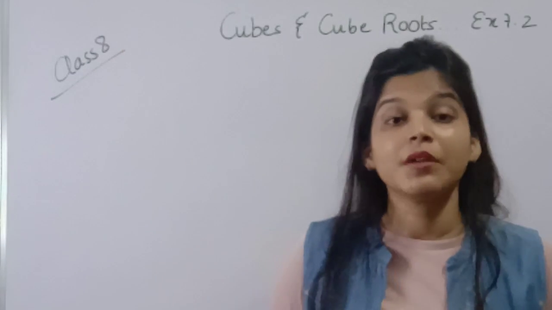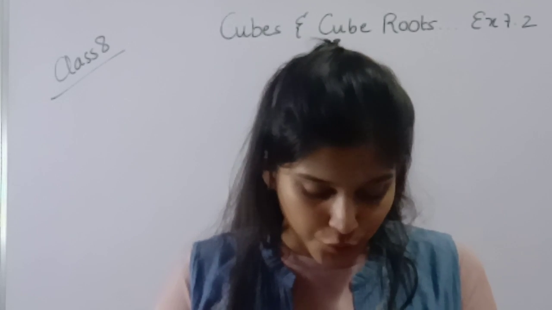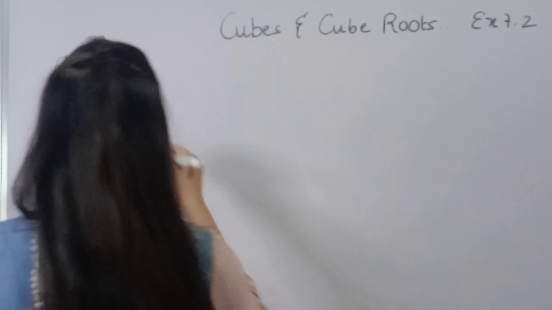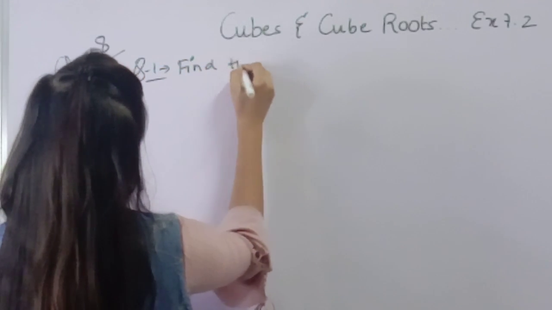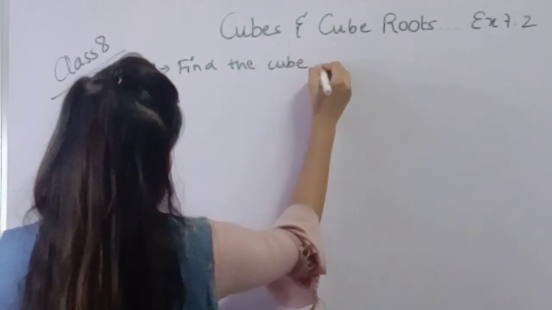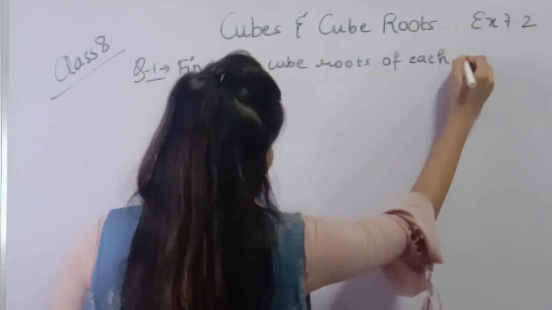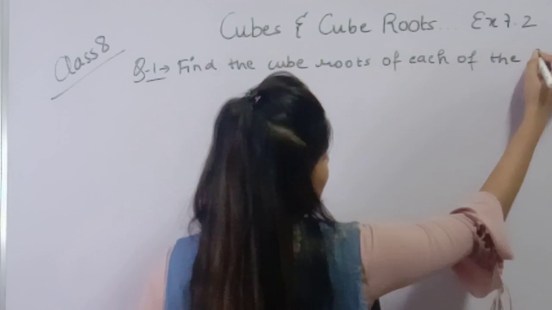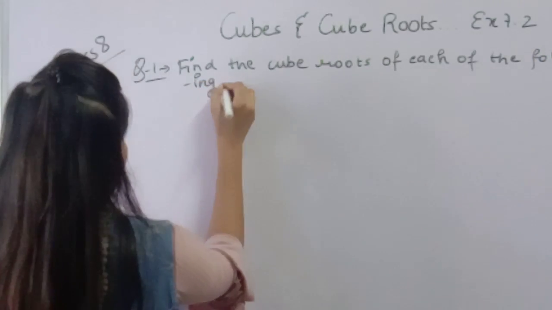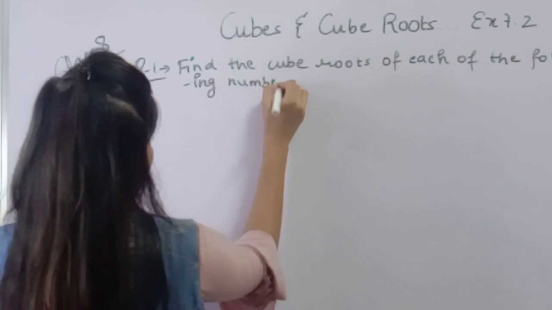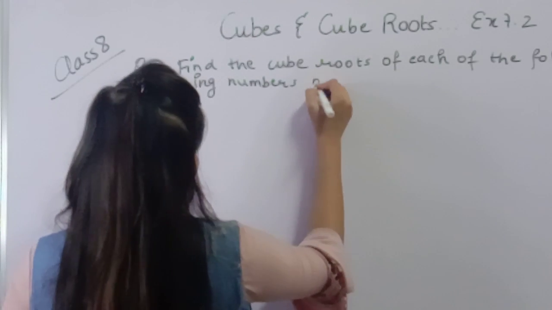Exercise 7.2 question number 1 is: find the cube roots of each of the following numbers by prime factorization method.